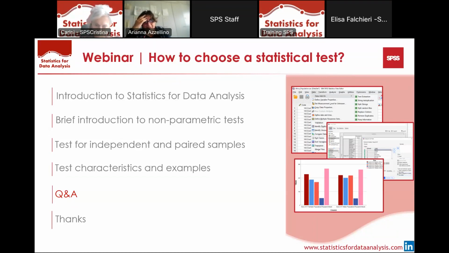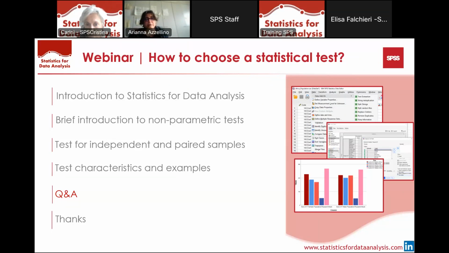For a parametric procedure, we assume the normal distribution of the sample mean, and we use this distribution to extract the connected statistic. The t-test is a statistic that directly derives from this normal curve of the sample means.